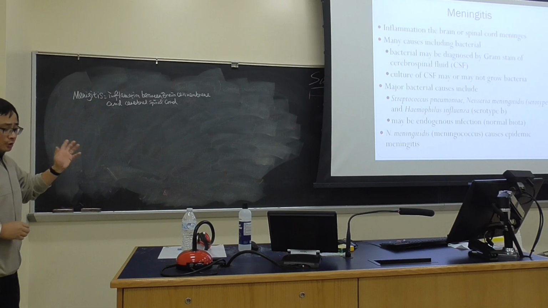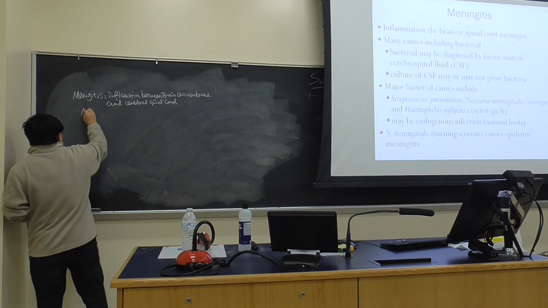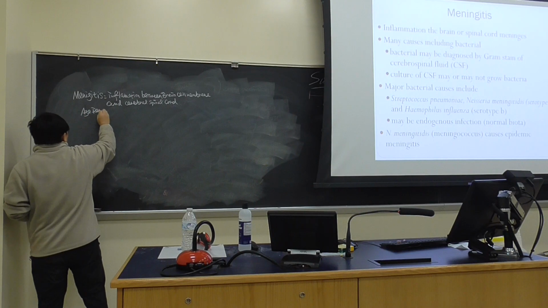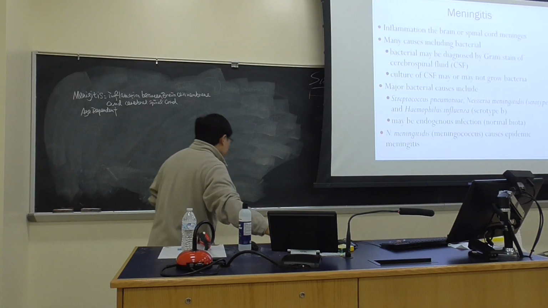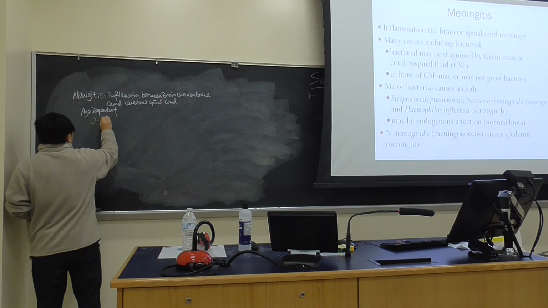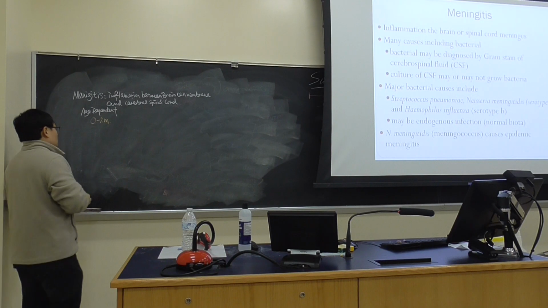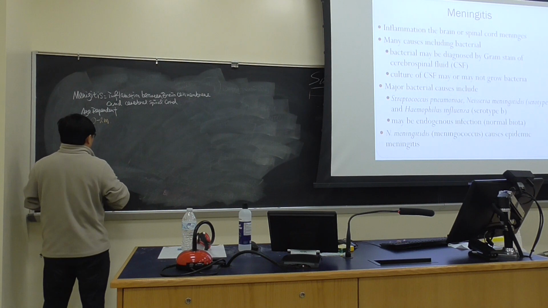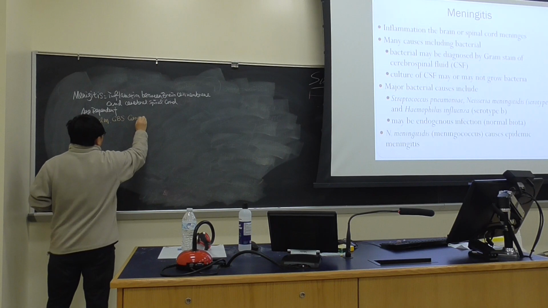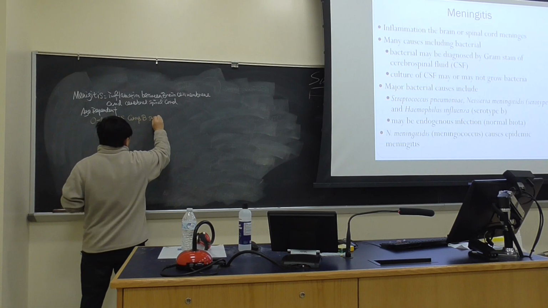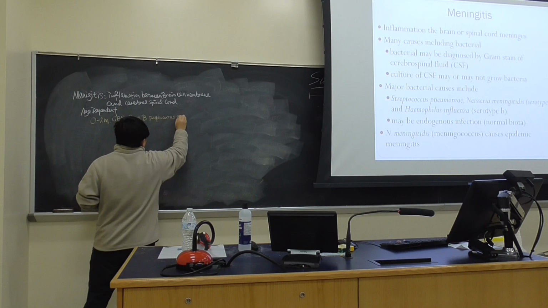The pathogen responsible for meningitis is age dependent. So what does it look like? At 0 to 2 months, which is a newborn baby, it is GBS, the pathogen called Group B Streptococcus agalactiae.